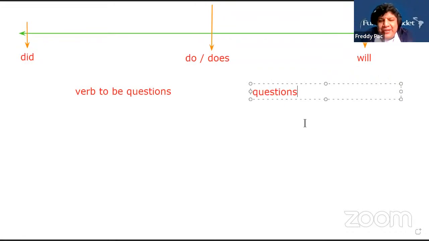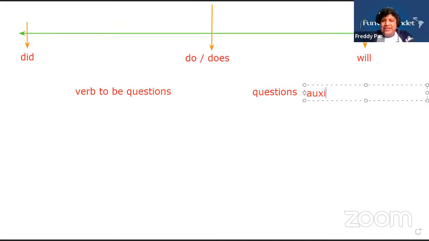Tell me. Do you see a difference? Very good. Exactly. In this part of questions, we are going to use the auxiliary. That is something that I need you to understand. We are going to be using the auxiliary. So, what are the auxiliaries?